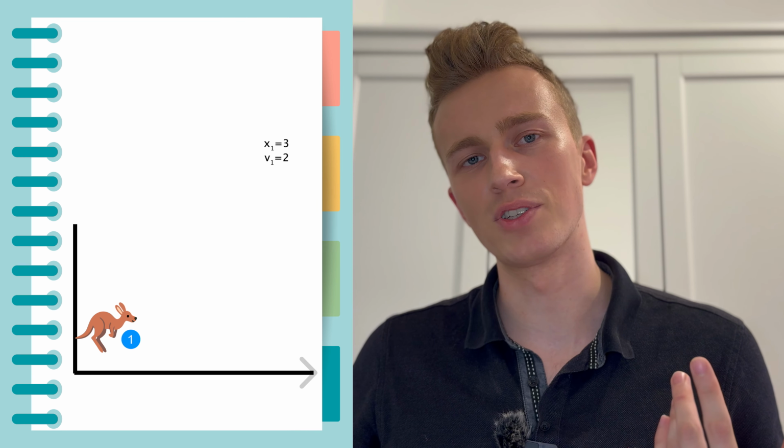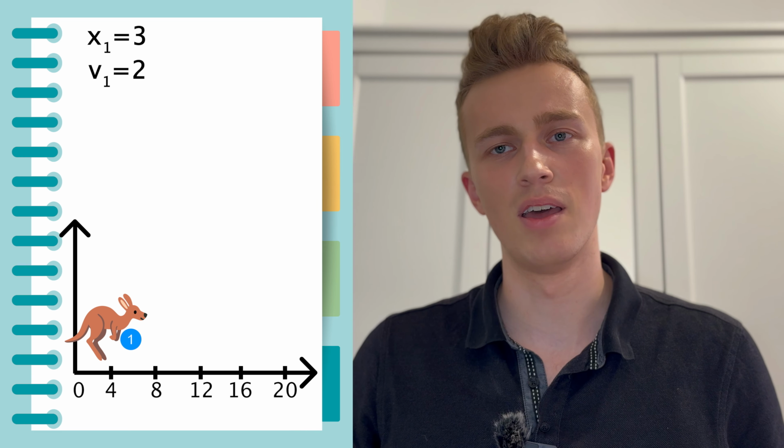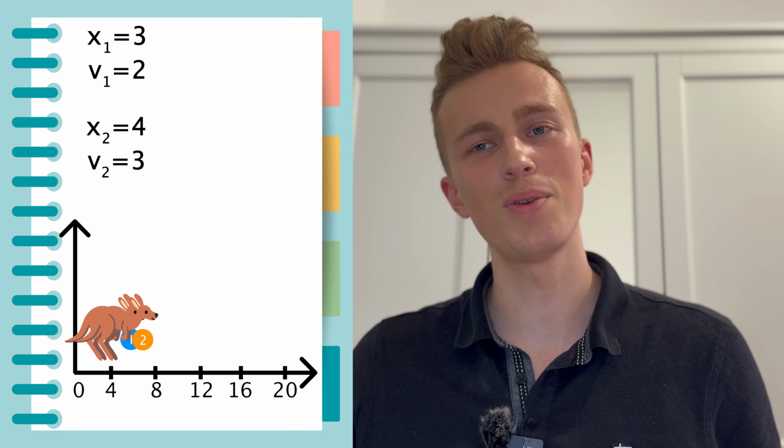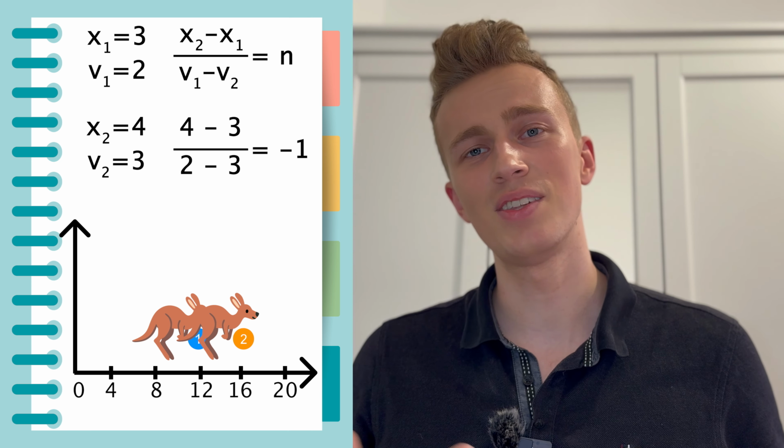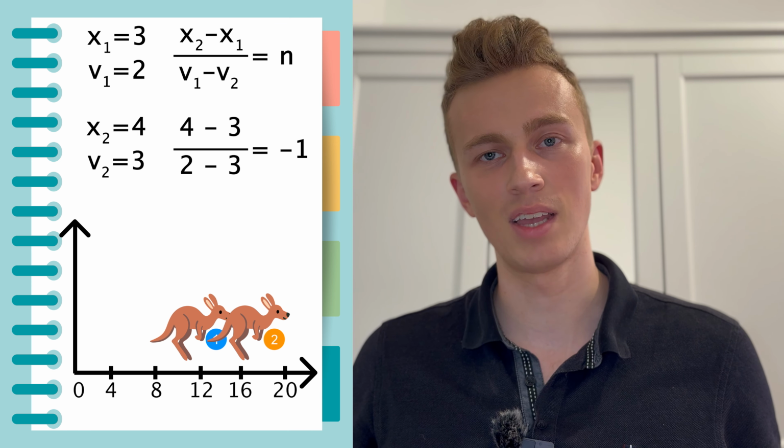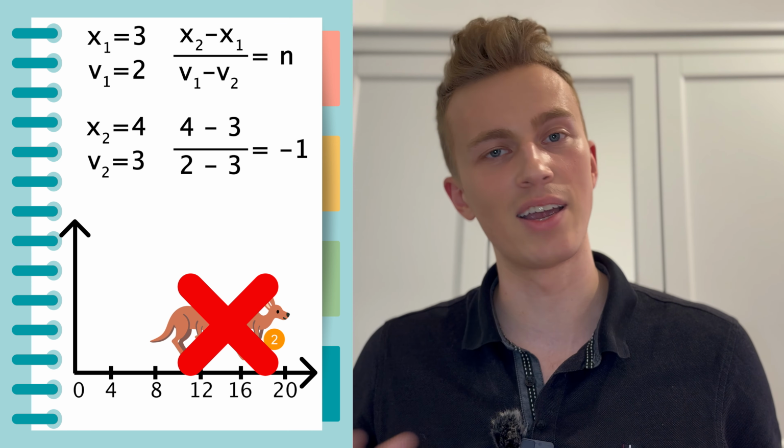So from the formula, we can see that if kangaroo 2 starts ahead of kangaroo 1 and jumps further than kangaroo 1 at every jump, they will never meet. Makes sense. Let's look at an example. Let's say that kangaroo number 1 starts at 3 and jumps 2 meters per second, while kangaroo number 2 starts at 4 and jumps 3 meters per second. If we plug this into the equation, we will get -1. And because this is negative, the kangaroos will never meet.